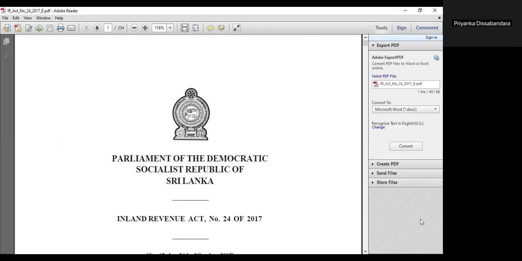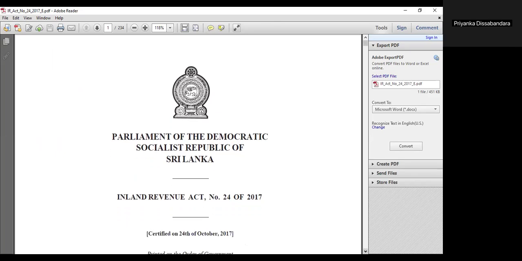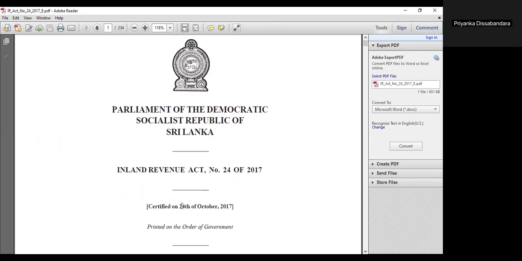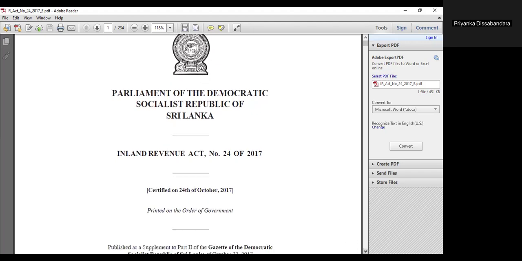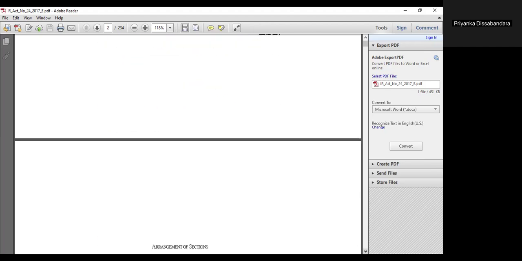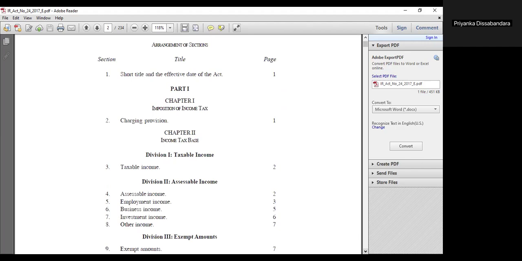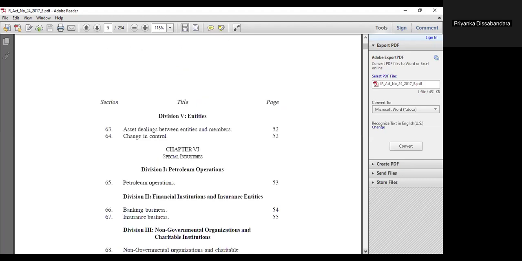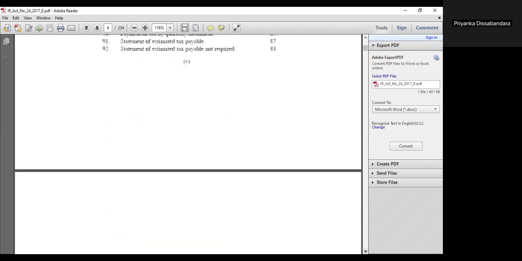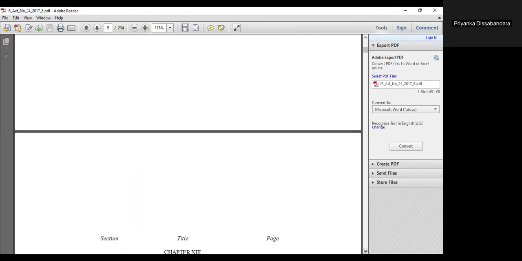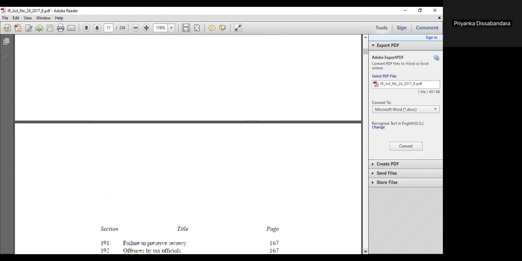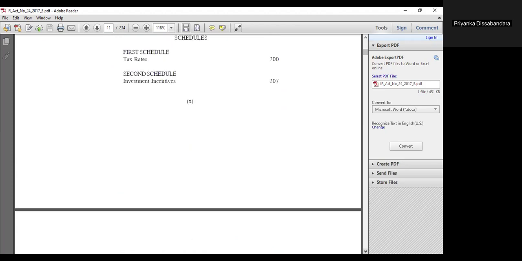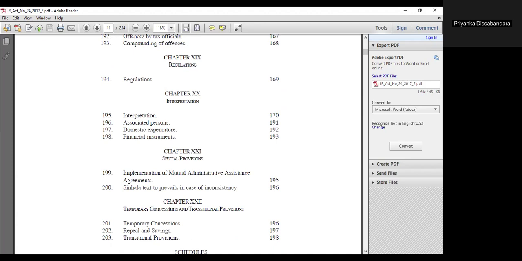Yes, this is the Inland Revenue Act. This is the certified day of this act, 17th October 24th. This is the last provision, section 203.